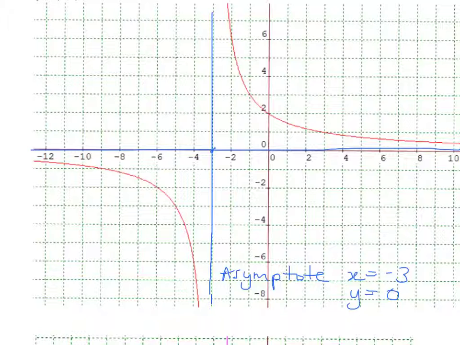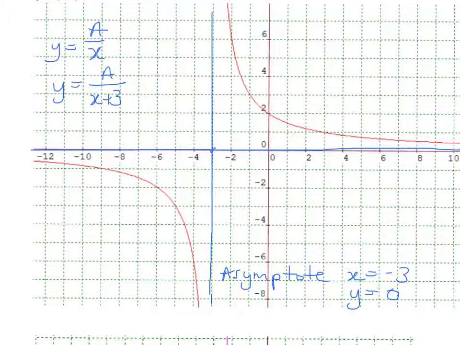And so our equation is y equals a over x. We have moved to the left 3, so it's going to be y equals a over x plus 3. Remember, it goes the opposite way to what you think.